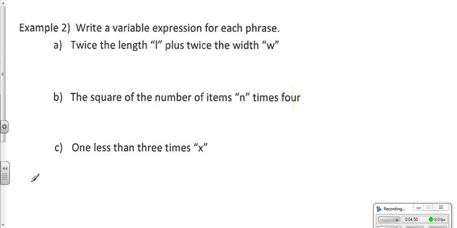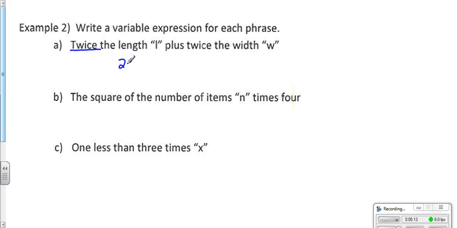Example 2. Write a variable expression for each phrase. Alright, so let's take these sentences and come up with a variable expression. Again, no equal signs, just expression. A, twice the length L plus twice the width W. Now twice is pretty important to see. It means 2.